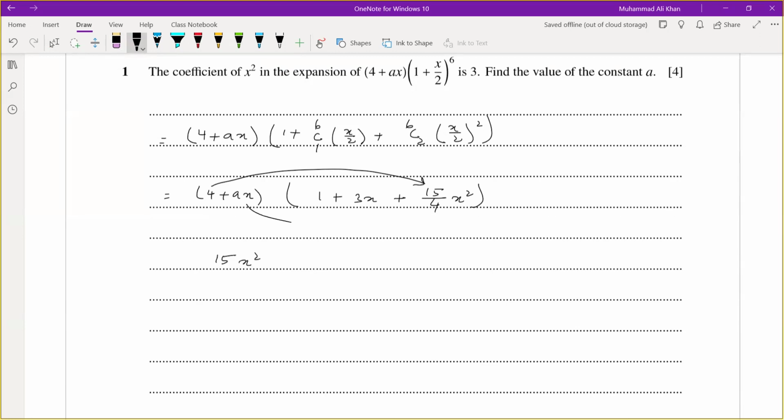And if ax multiplies with 3x, it will give us 3ax squared. Now, the coefficient of x squared, 15 plus 3a, is 3. So by this, the value of a is minus 4. Hopefully, the question is clear.